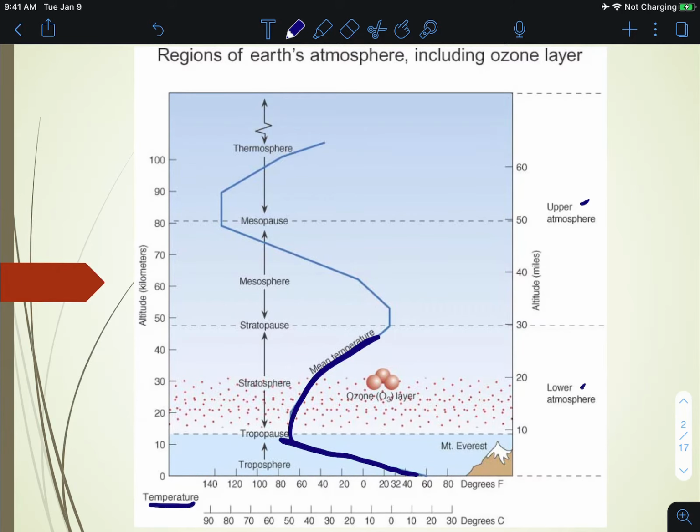So what you have to picture now is we have a sun that's emitting a lot of electromagnetic radiation. And let's say we've got a bunch coming through here. Well, then it starts to get filtered out as it goes through these different regions.